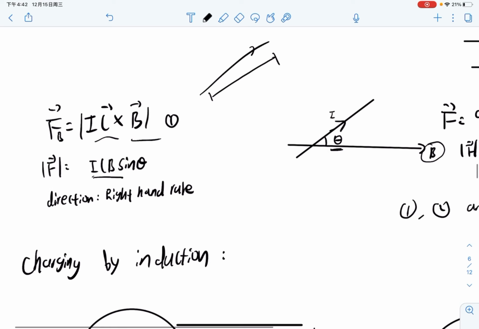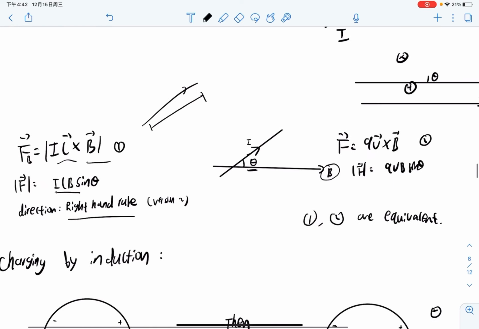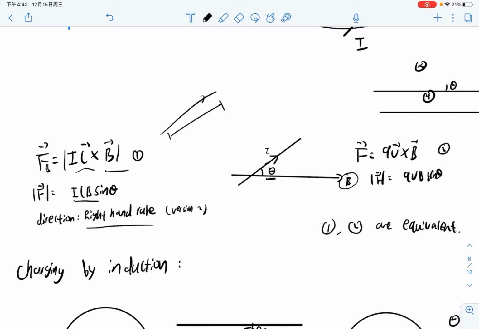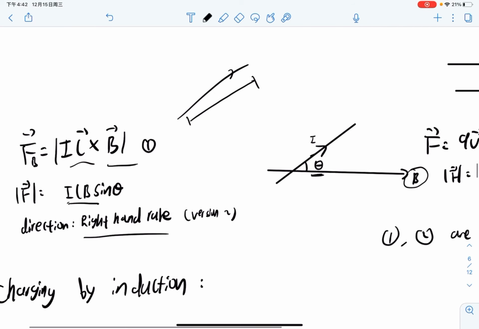And for the direction, you need to use the right-hand rule, version 2, which is that the palm is in the direction of the first vector, and you use your fingers to fold to the direction of the second vector, and the direction of the thumb is the direction of the resulting vector.